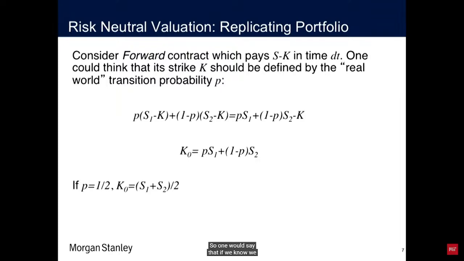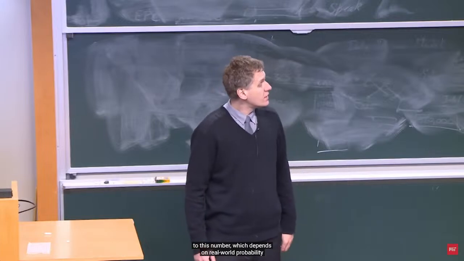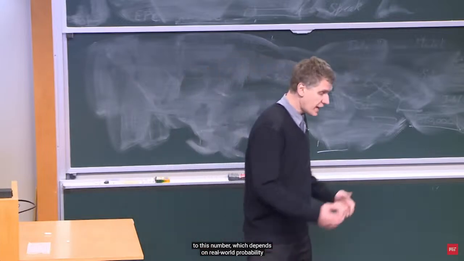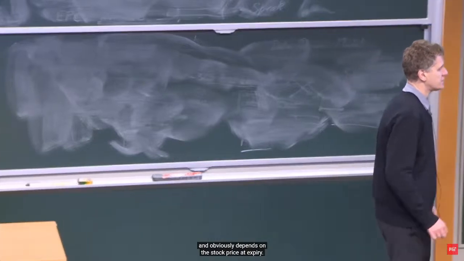So one would say that we are one step before the payout, so let's just compute the expected value of the payout using real-world probabilities. What we are looking for here is to set K such that the price now at time t is 0. That's the usual convention, so we'll set K to this number, which depends on the real-world probability and obviously on the stock price at expiry.